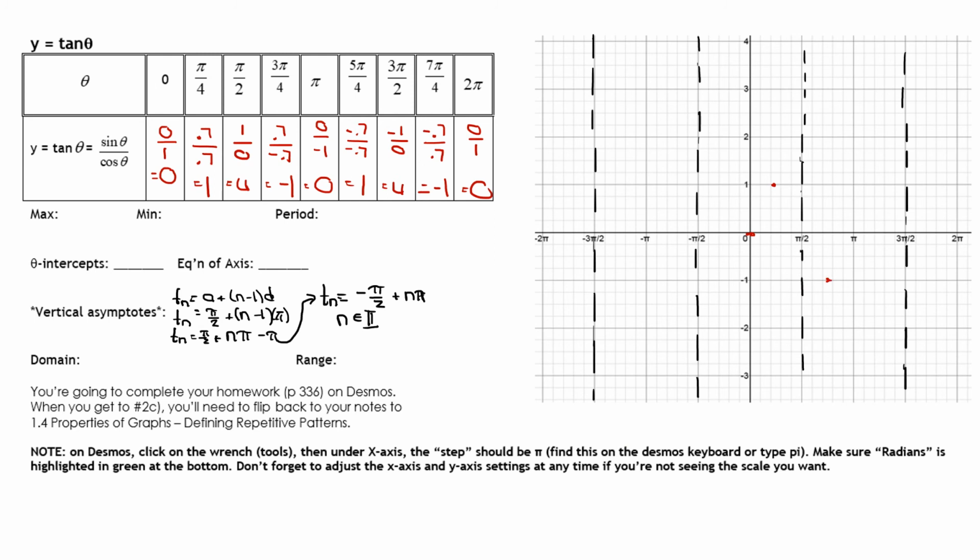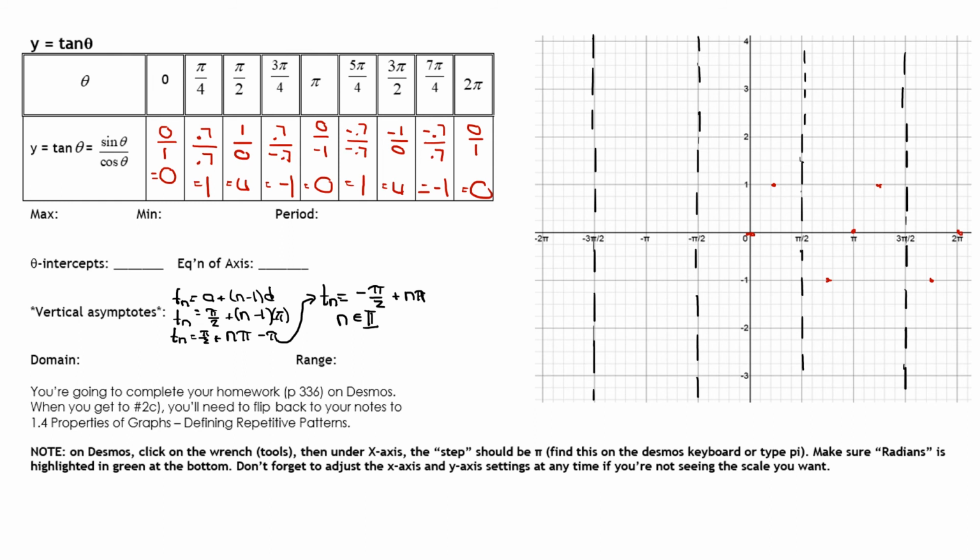And then my next one on my chart is pi and 0. Let's put a dot there. And the next one is 5 pi over 4 and negative 1. Oops, sorry, 5 pi over 4 and 1. Out there. We're almost at the end. Then our asymptote, then 7 pi over 4 and negative 1. And then the last one that we found with our chart is 2 pi and 0.